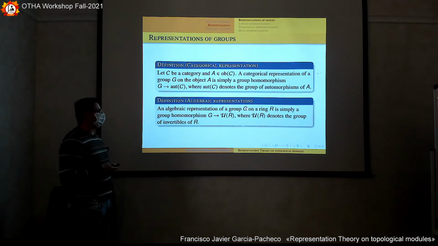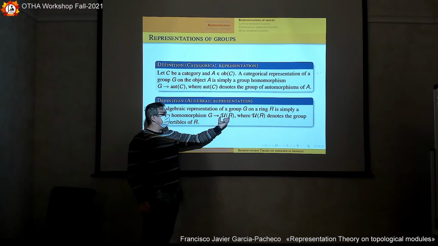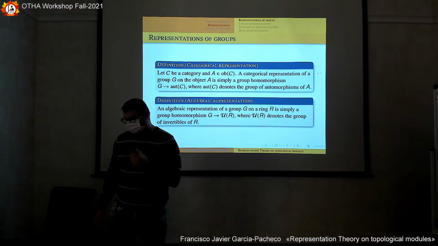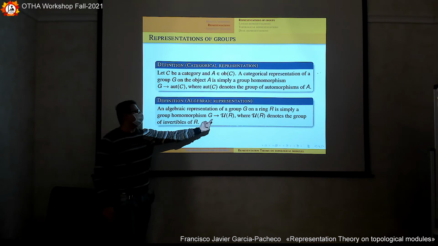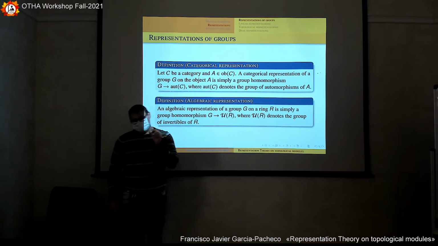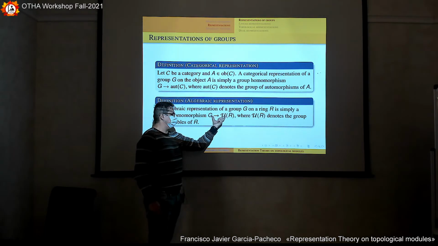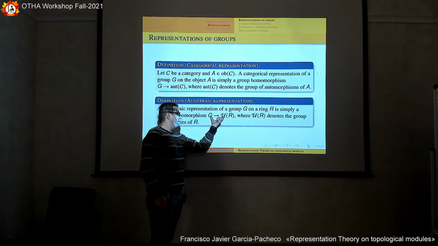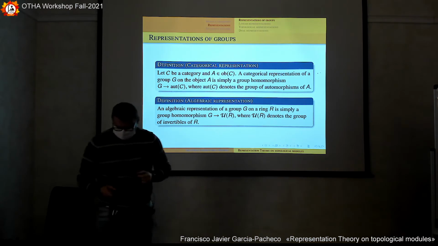An algebraic representation of a group G on a ring R is simply a group homomorphism from G to the group of invertibles of R. You can embed this group isomorphically, in the category of groups, inside the group of automorphisms of the additive group of R by using left multiplication. This makes this representation a particular case of a categorical representation.